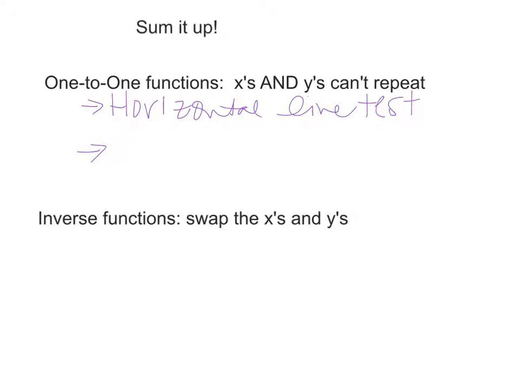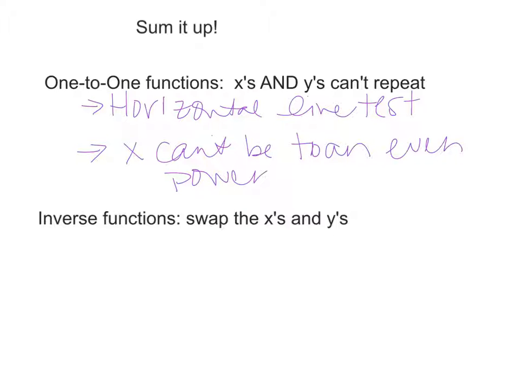Or if I'm given functions, I know that x can't be to an even power. So if x is to an even power, zoop, we're out. If it does not pass the horizontal line test, boop, you're out. And we're looking here, the x's and y's also cannot repeat. So those are our 3 criteria to get it 1-to-1.